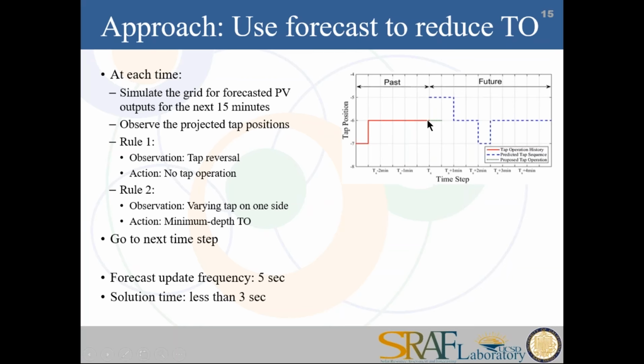We are looking ahead now 5 minutes in the future. Forecast, you feed that through our distribution system simulation model, and then we can generate the dashed line, which is the expected tap position at each one of these time steps.